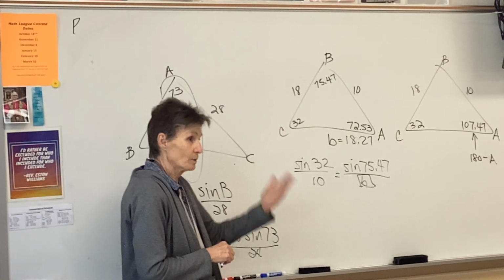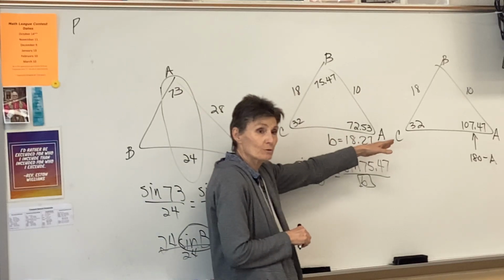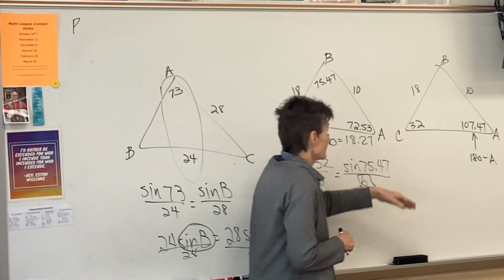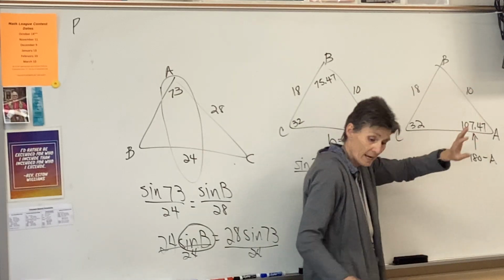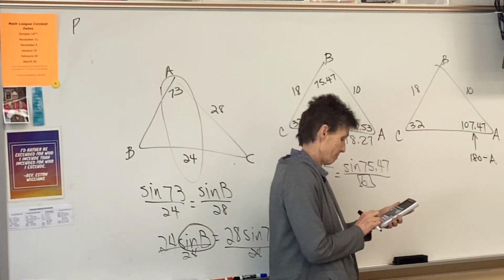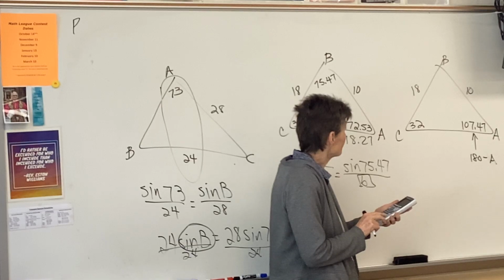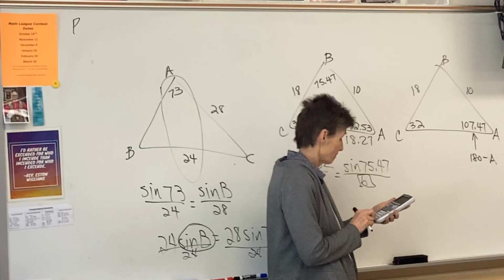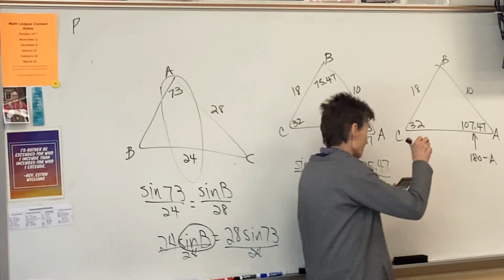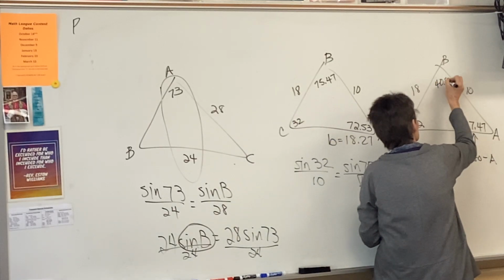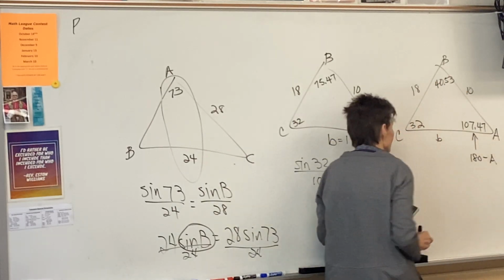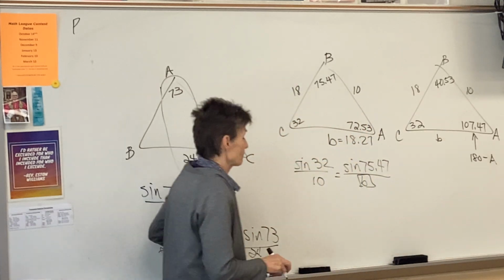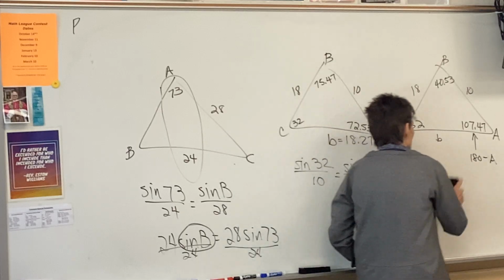All right, we're not done. Remember, there was a two triangle problem, so now we gotta do this one. So can we find our other angle B? I got 40.53. What is 180 minus those two?